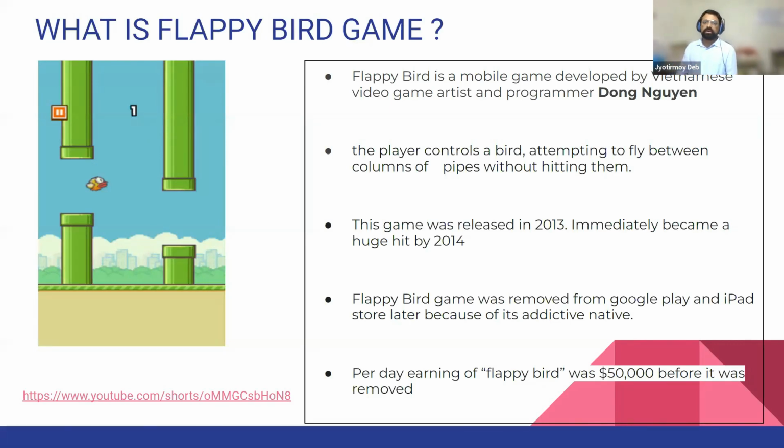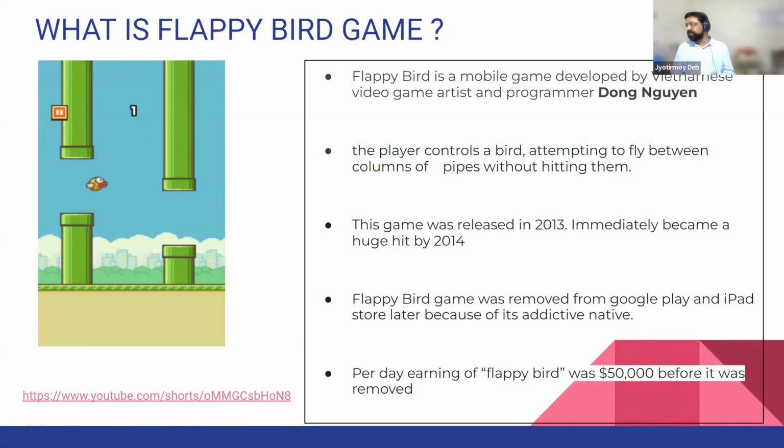The player controls the bird. Whoever is playing the game controls a bird, and the bird attempts to fly between the columns of pipes without hitting them. As a player, your job is to make the bird go through the pipes. If you hit a pipe, either it is game over or there is a reduction in the score.